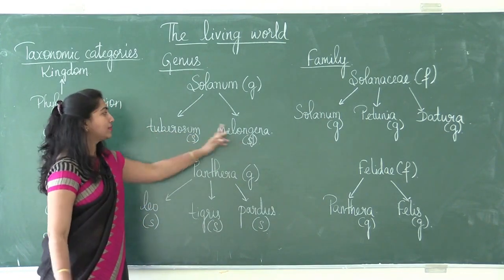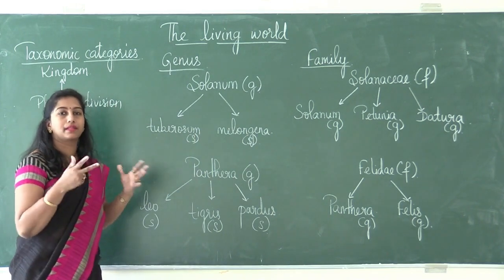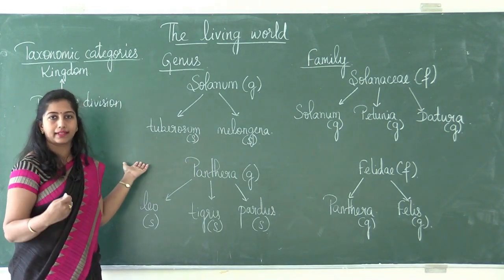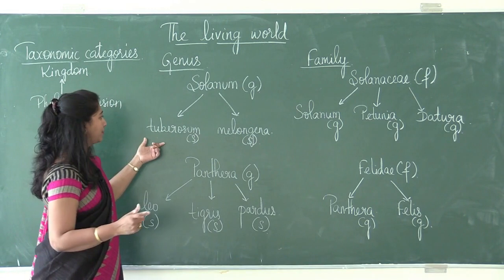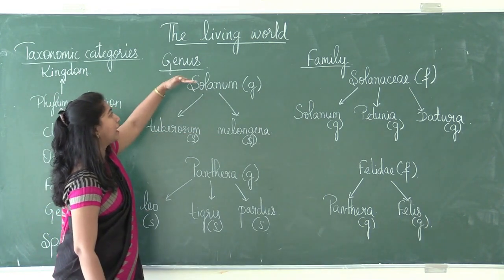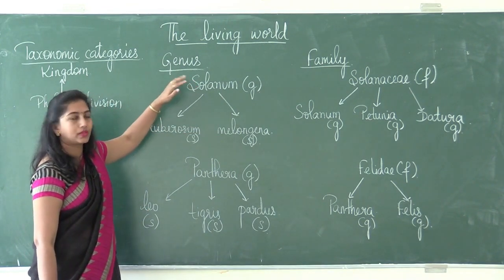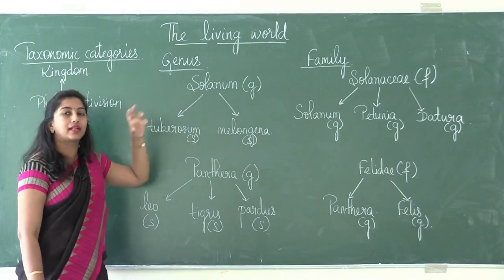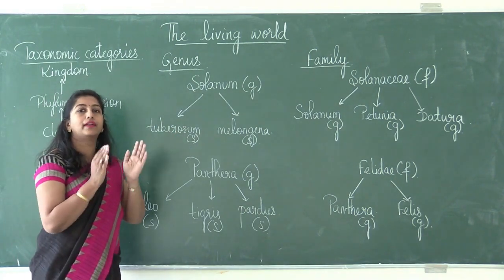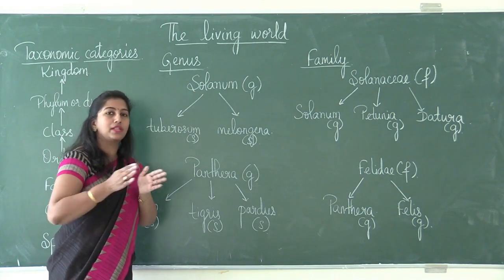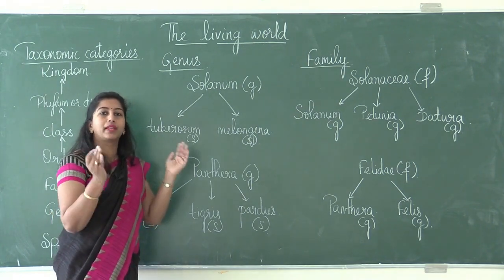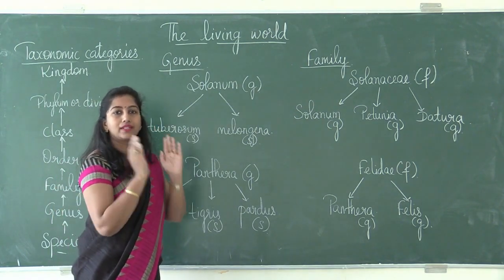Since these 2 species have many similar characters, they are put under one genus. That is what I told you: genus consists of a group of related species. When many species have a lot of similarities, they are all put under one genus.